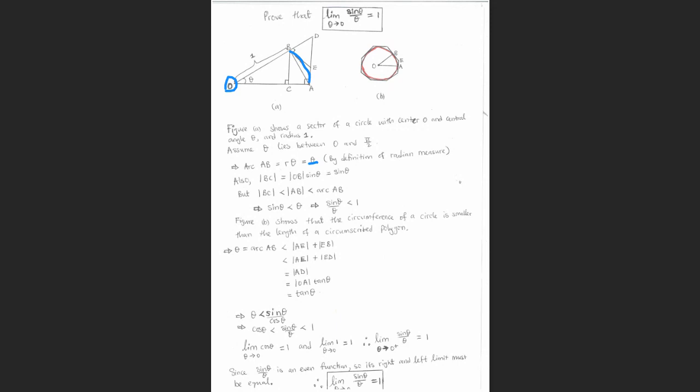Next step, we say the distance BC. Let's see if we can change the color quickly. So this distance here, BC, is equal to what? Remember, the trig function sine relates the opposite and the hypotenuse.